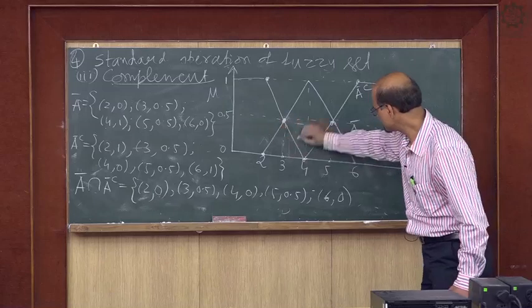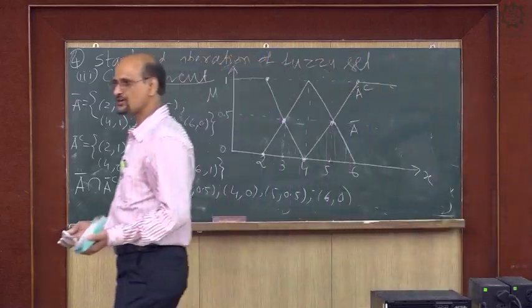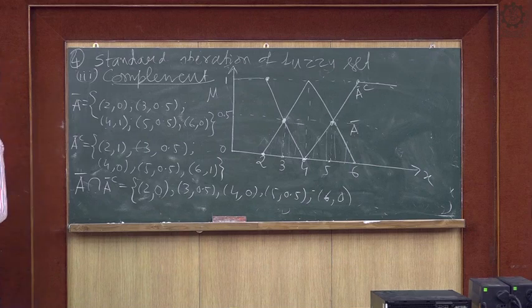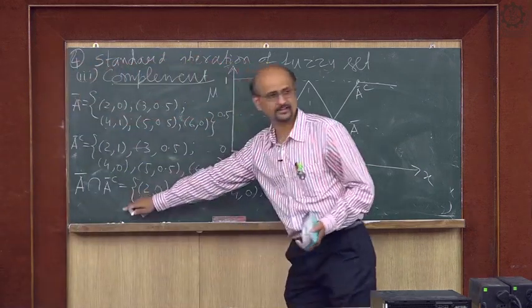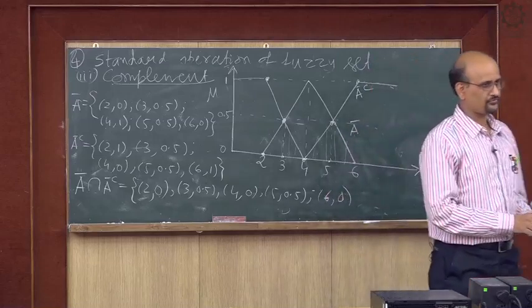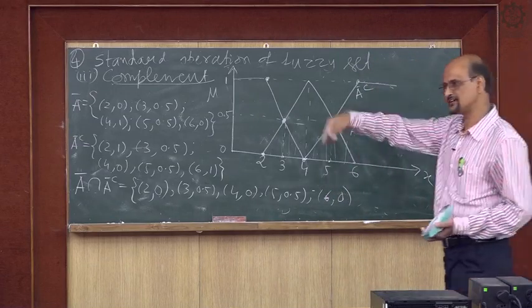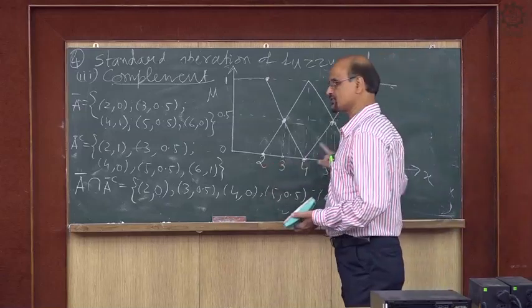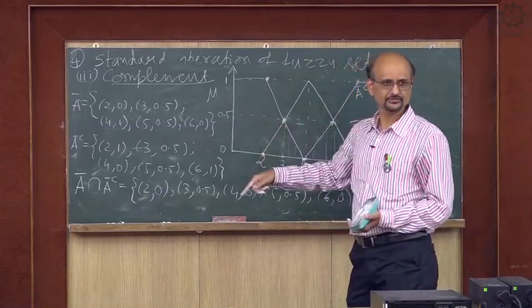That means it is not a null set. If you find the complement of a fuzzy set and take the intersection of the fuzzy set and its complement, it is not empty. This is the contradiction with respect to classical set theory.